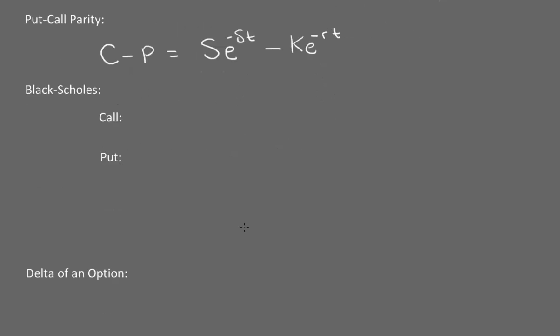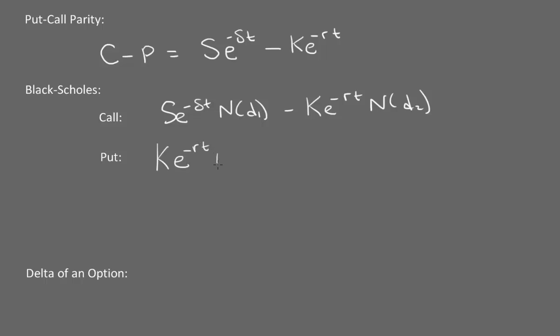To price the options, the exam often uses Black-Scholes, and the price of a call option is S e to the negative delta t N of d1 minus K e to the negative rt N of d2. The price of a put is similar. It is K e to the negative rt N of negative d2 minus S e to the negative delta t N of negative d1.